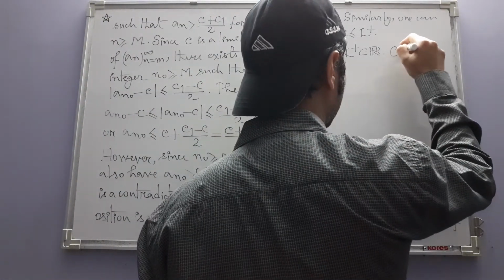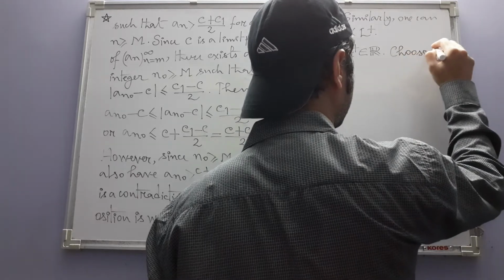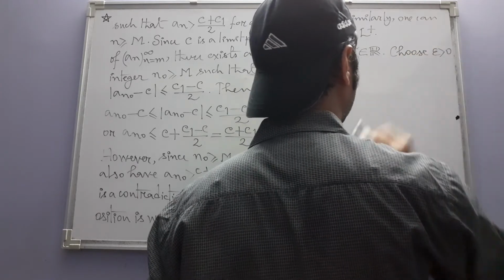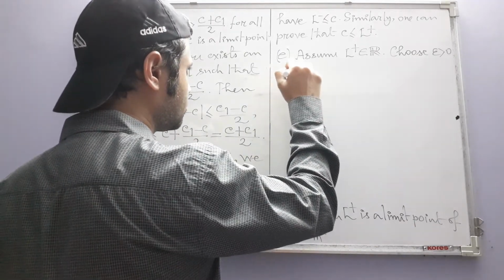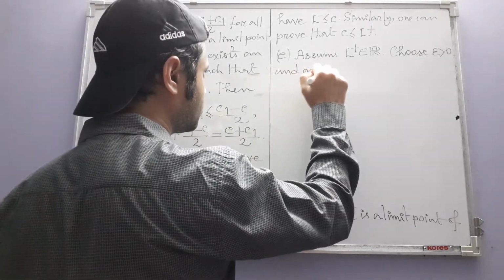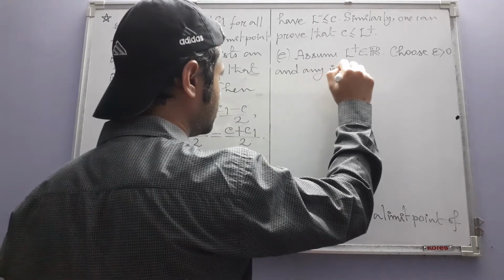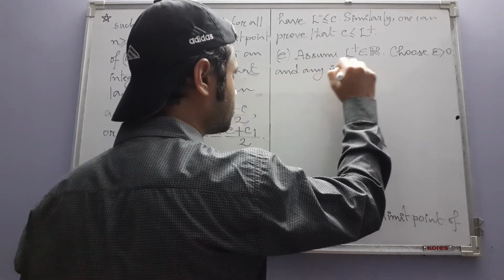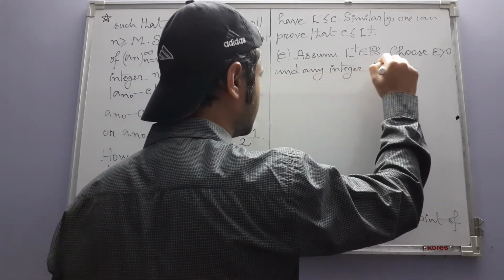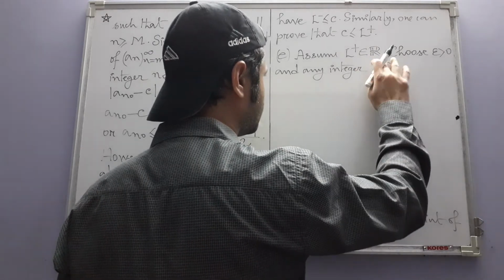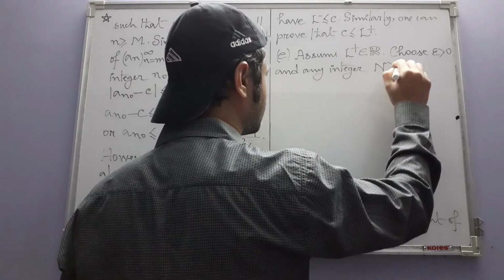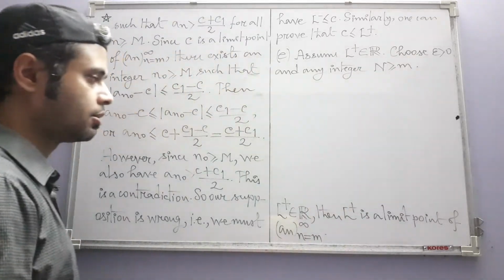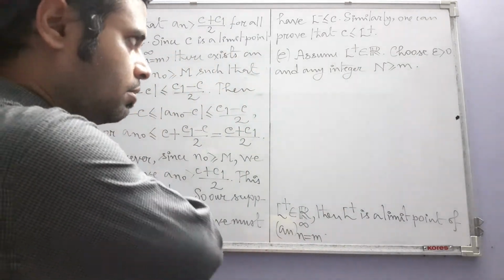Choose a positive real number epsilon, and any integer, say n, greater than or equal to m.